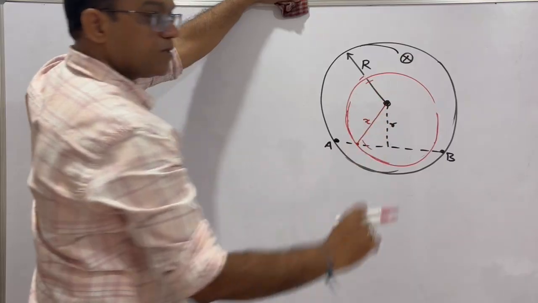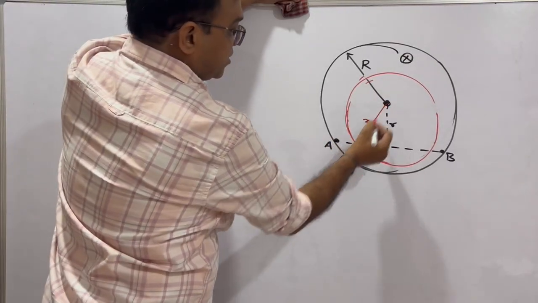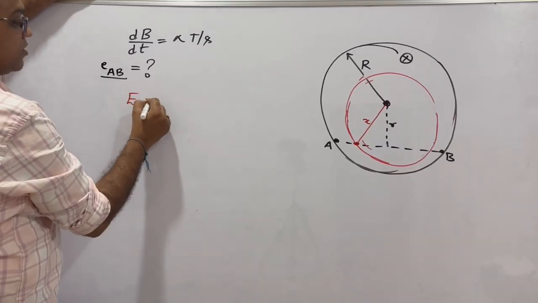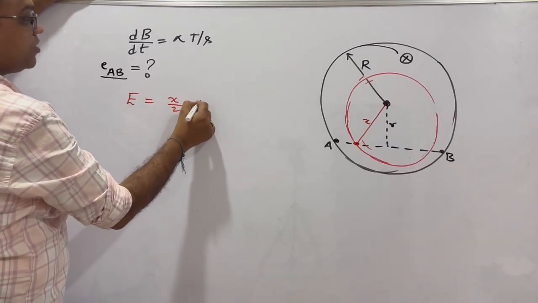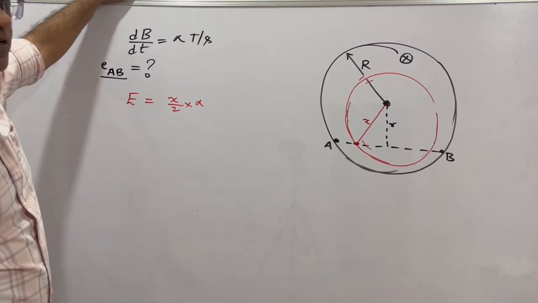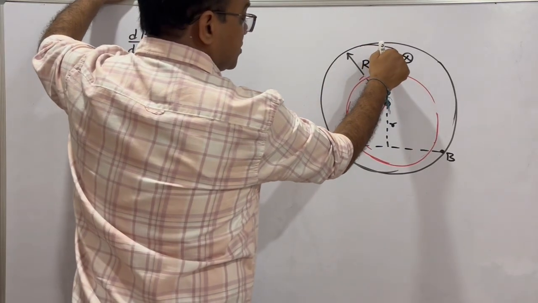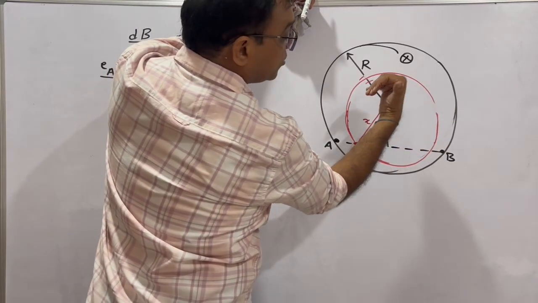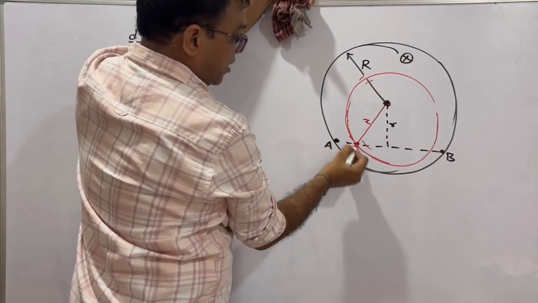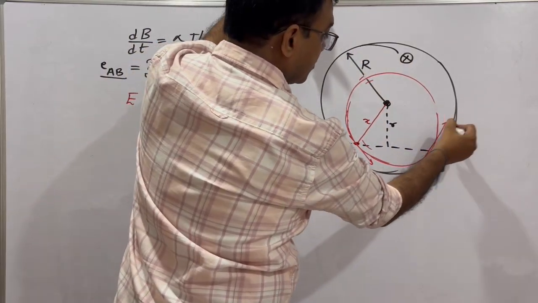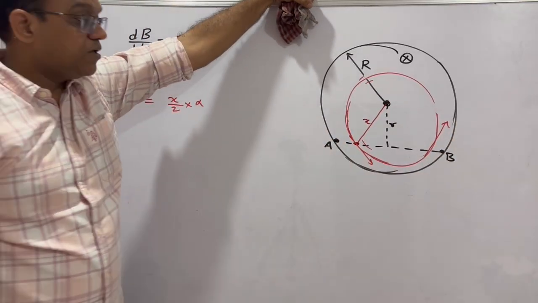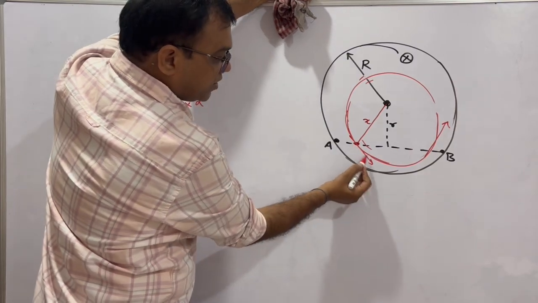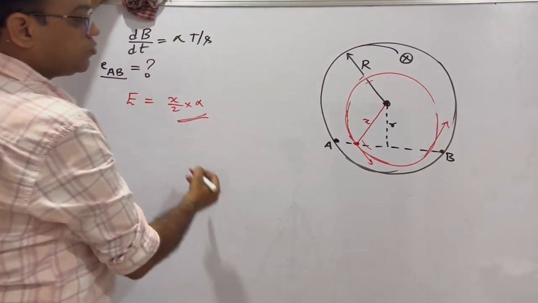Right? So at a distance of x, what is the induced electric field? E equal to x by 2 into dB by dt. And direction? Because this field is increasing, the induced field has to try to decrease it, so the direction will be anti-clockwise, this way. Right? Now, if this is x, the electric field here is this value, x by 2 into alpha.